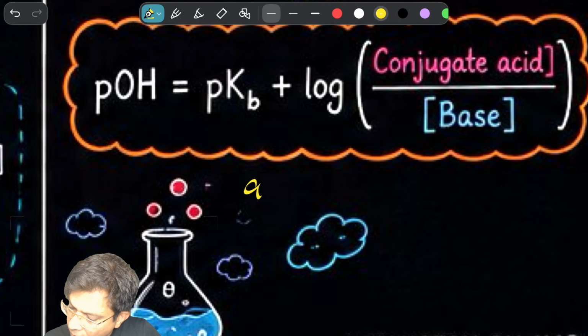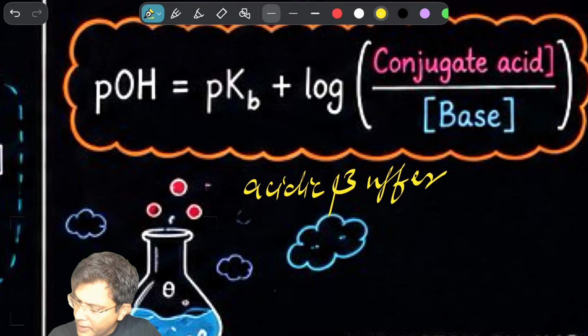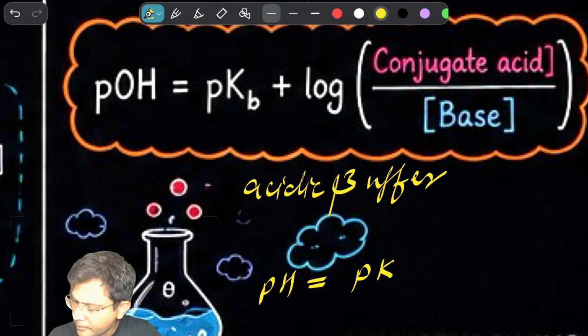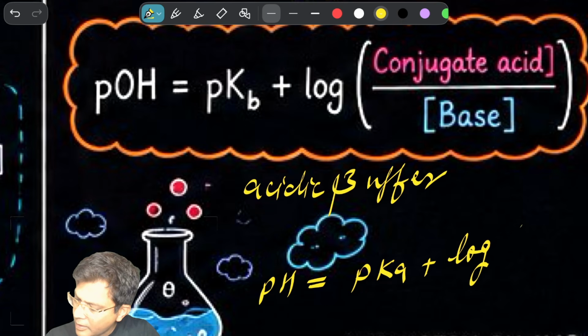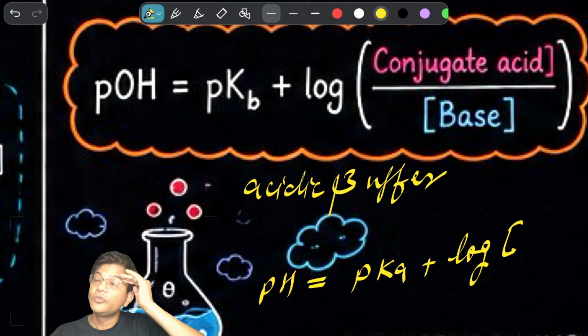The acidic buffer formula will be pH is equal to pKa plus log of concentration. Remember that your numerator will be salt. In the examination, you will forget about salt, whether I should keep it upside or downside.